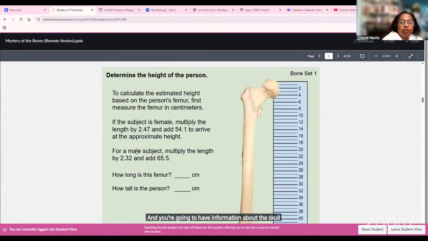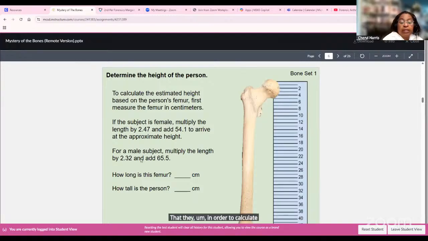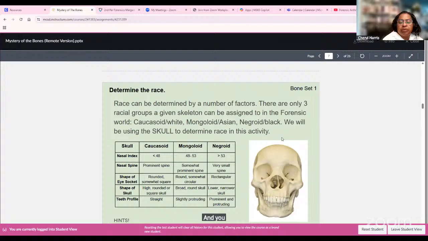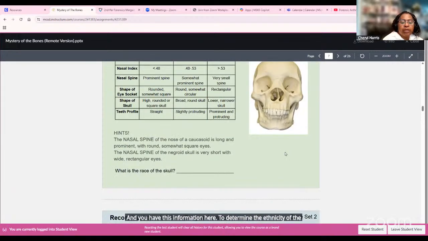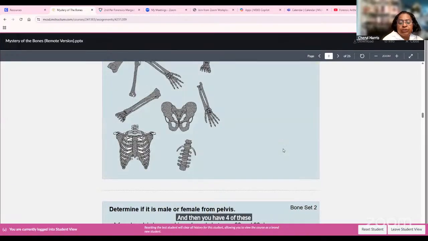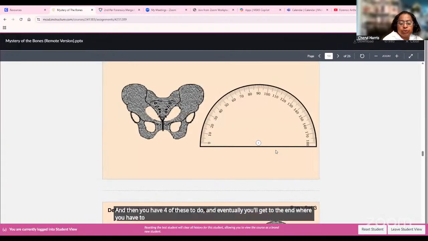You have the formula here to calculate the length of the bone, and you'll be able to measure the length of the bone. And you have this information here to determine the ethnicity of the individual, and then you have 4 of these to do, and eventually you'll get to the end.